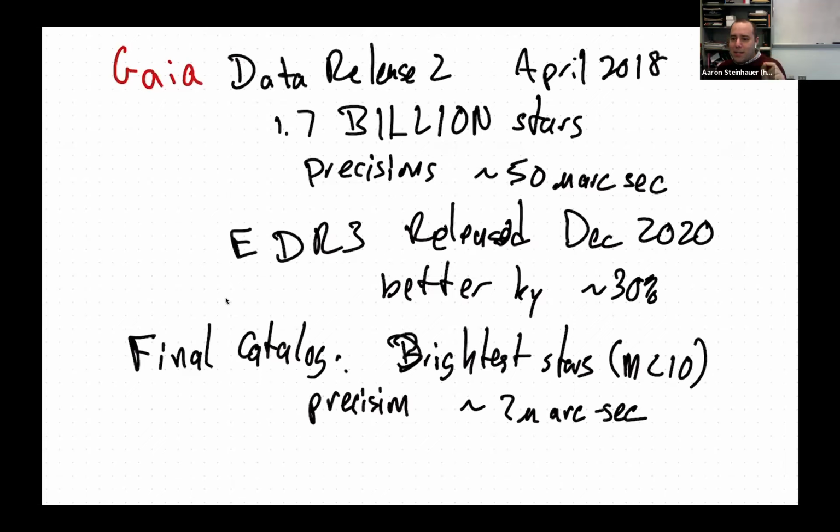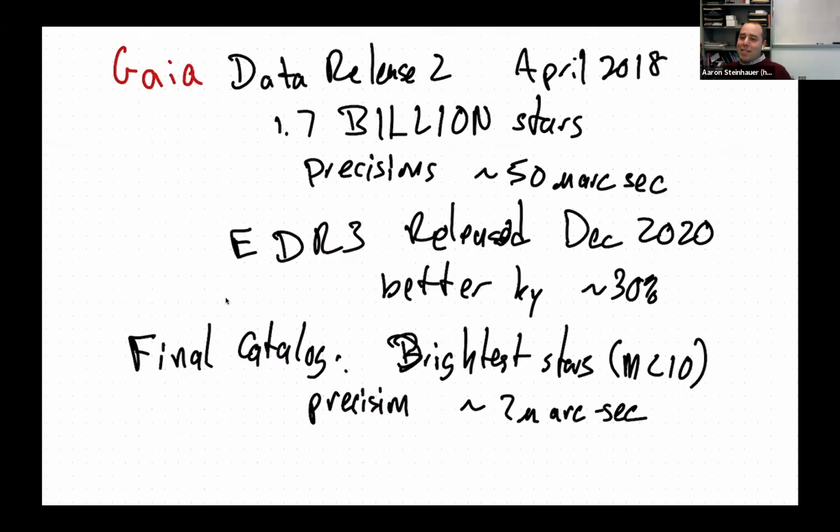To put that in perspective, 7 micro arc seconds is the angular diameter of a human hair at 1,000 kilometers. A human hair at 1,000 kilometers will subtend 7 micro arc seconds. I did some Google Maps stuff yesterday, just how far away is 1,000 kilometers?